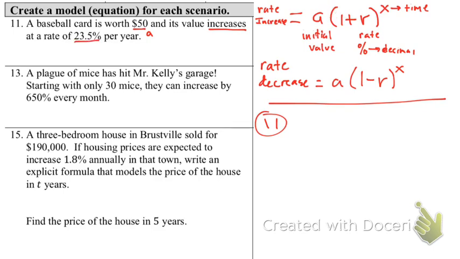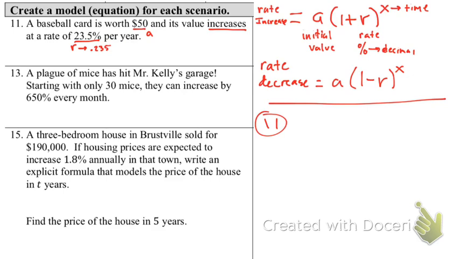And here's my R, but we want to convert it into decimal. So if you recall, we jumped the decimal to the left twice. 1, 2. So my rate is really 0.235. Always has to be in decimal form. And we're doing this per year. So in this problem, we're just setting up the equation. We don't have to solve anything.